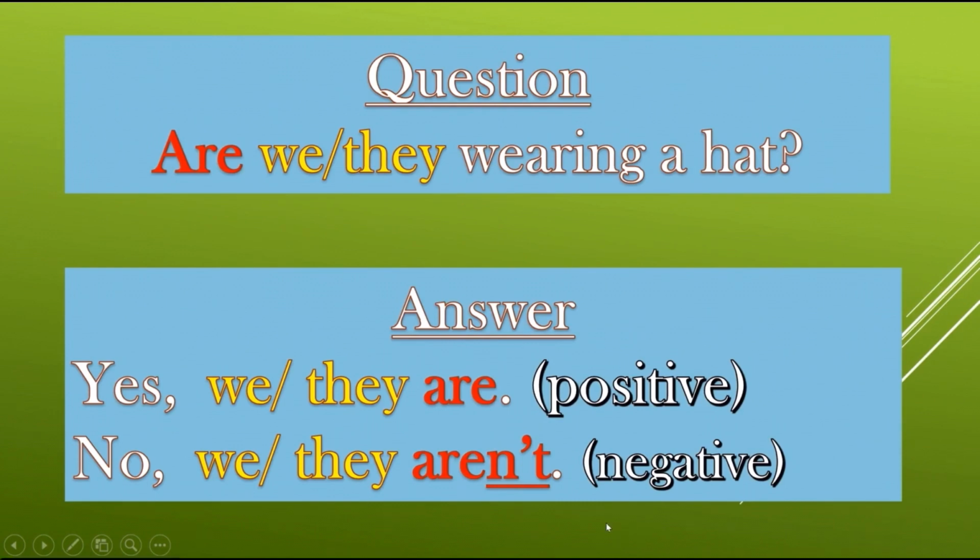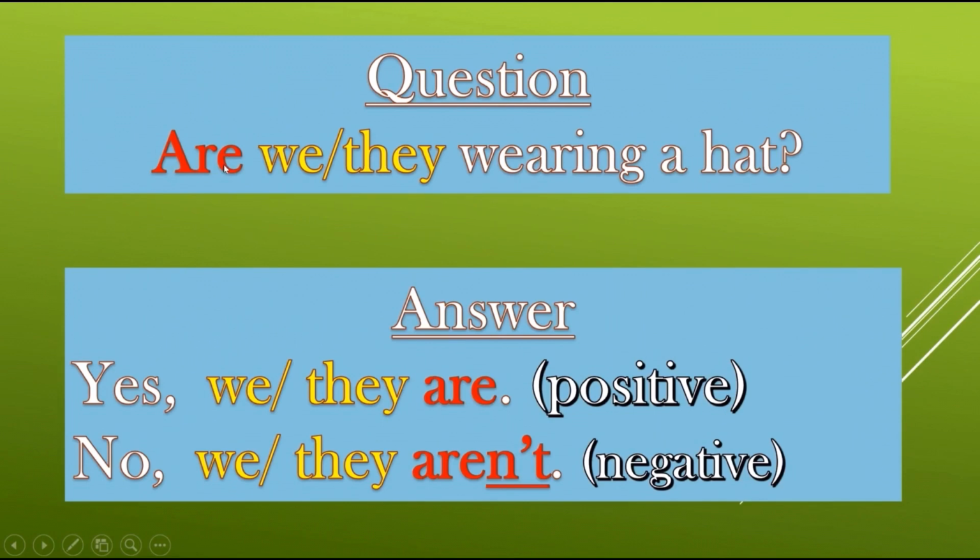The next question will start with are. So are we or they wearing a hat? Are is the question word, we and they are the subject, and the present participle is wearing. So your answer is yes, and then copy the subject, and then the verb to be, are.